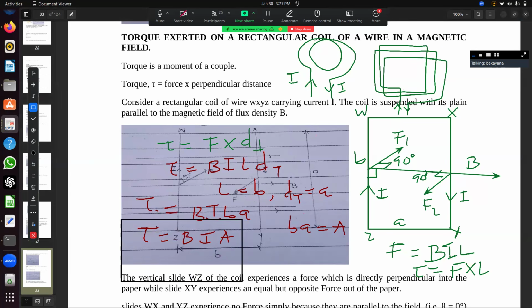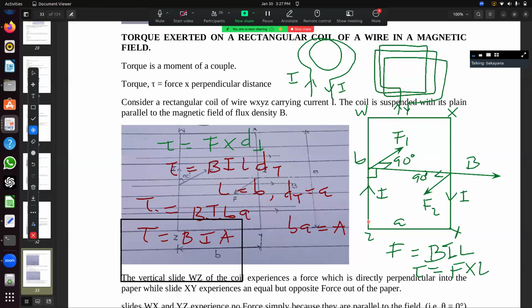So where does it come from? If I have magnetic flux density, or simply the magnetic field, meeting the conductor at 90 degrees, such that the current and the magnetic field are at 90 degrees, then a force will be created, which will be perpendicular to both the magnetic field and the current.